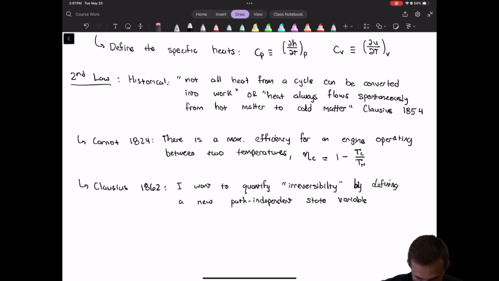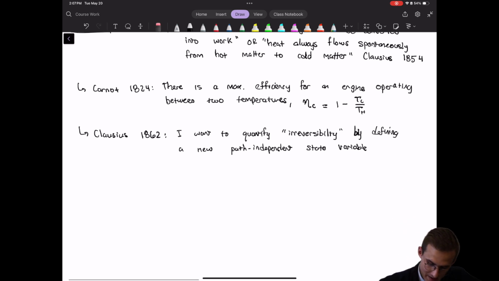And you know, spoiler, this would end up becoming the entropy, right? But really, he just wants to find a consistent way of accounting for the conversion of heat to work in this path independent way.